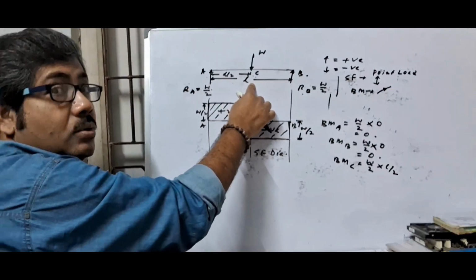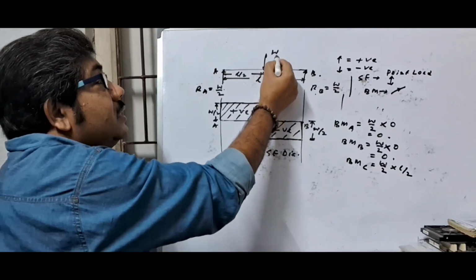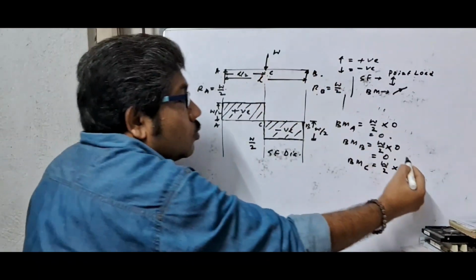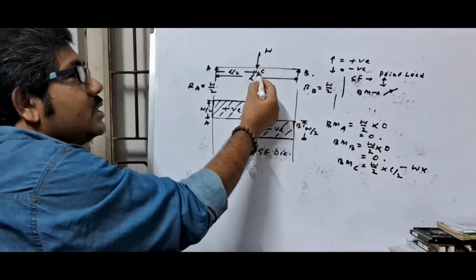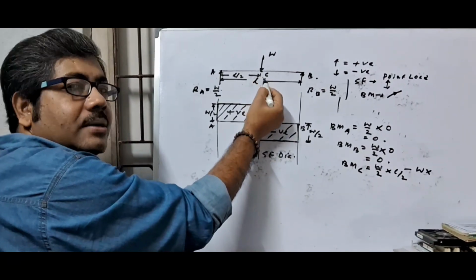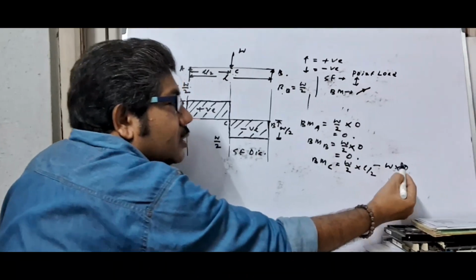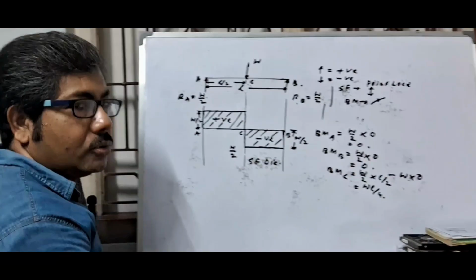At point C the point load is downward, so this is negative, and there is no distance because this load acts at point C. So here the value is WL by 4.